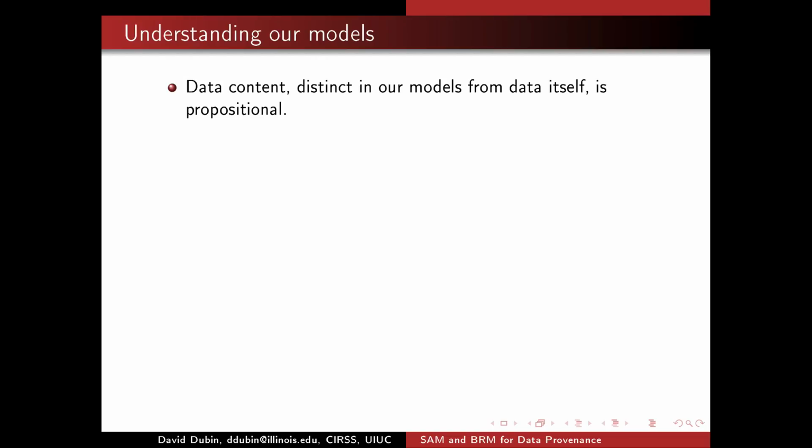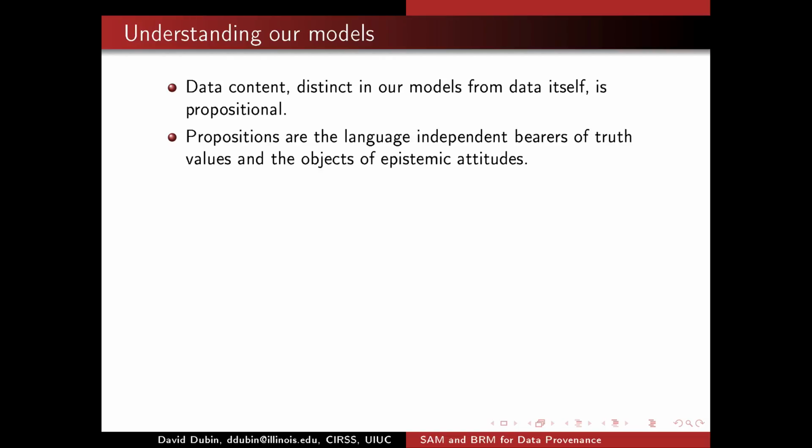Specifically, data content, which is distinct in our models from the data itself, is propositional. So propositions are the language-independent bearers of truth values and the objects of epistemic attitudes. That is to say, they're things that can be true or false. They're things that you can believe to be true, doubt are true, and so on.